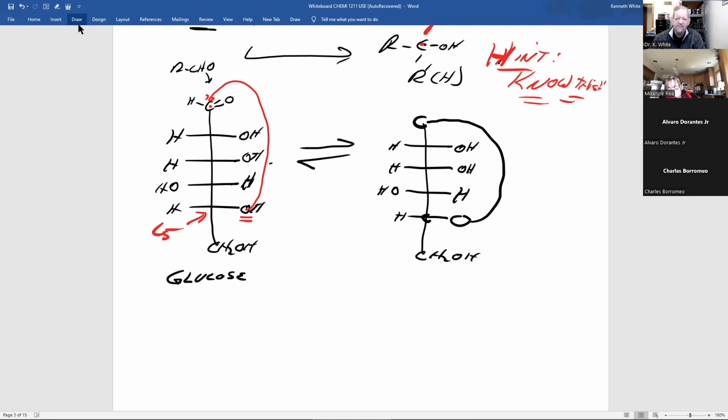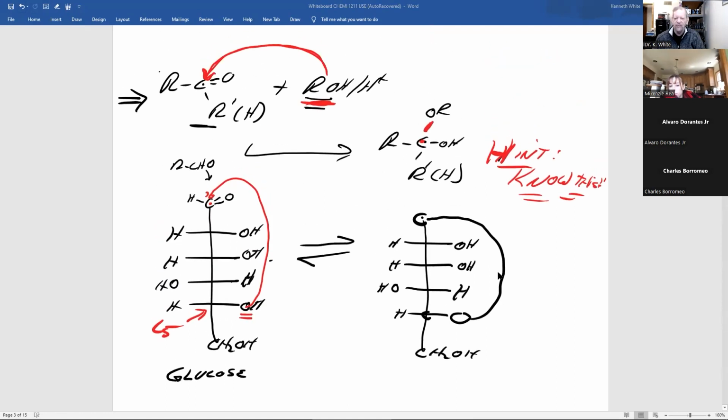And now, what's on this carbon right here? Well, if we look up a little here, it's got an OR, this oxygen is this oxygen. This R group is this carbon, and the rest of the sugar, the glucose molecule.